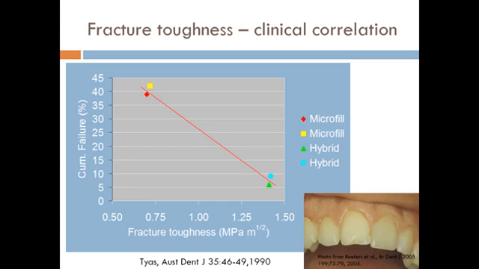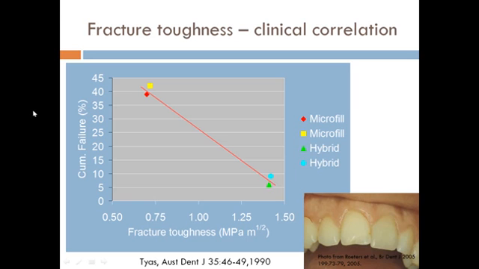There are 2 types of microfills, so two different materials. There's a clear correlation between microfills and hybrids in relation to the fracture toughness value here on the x-axis and the cumulative failure clinically.